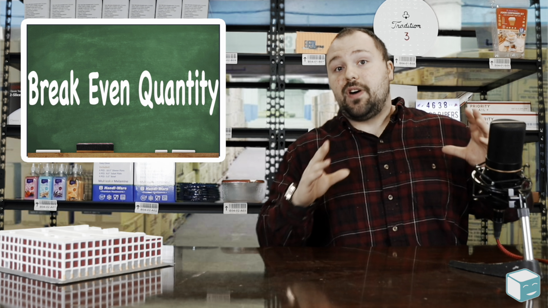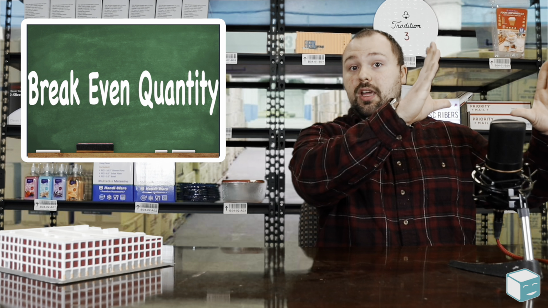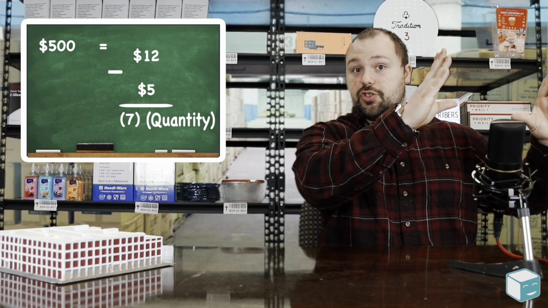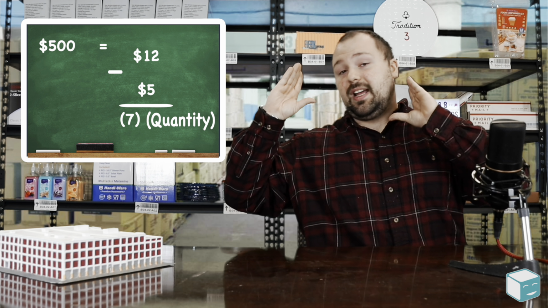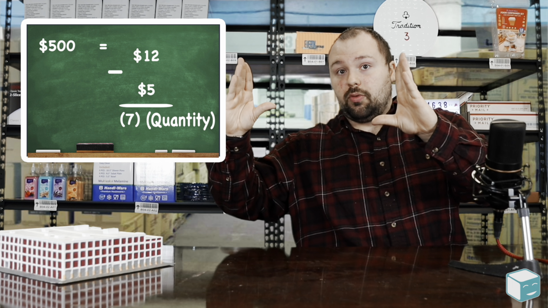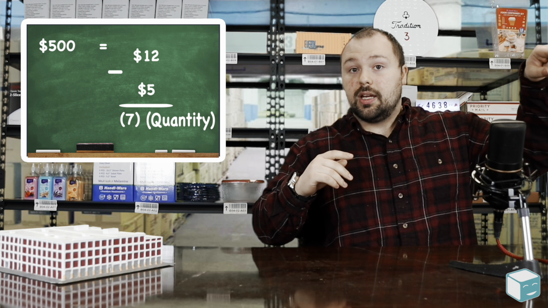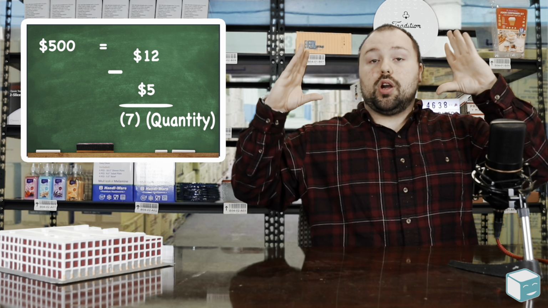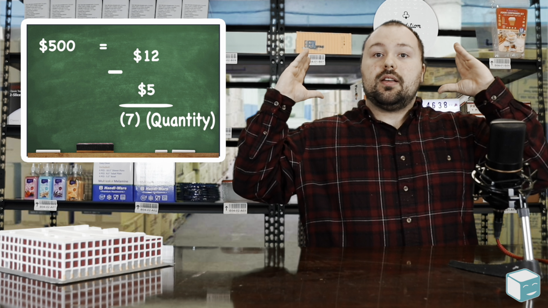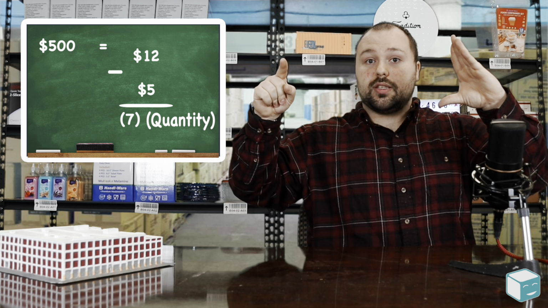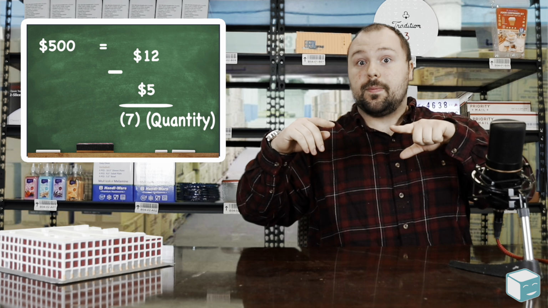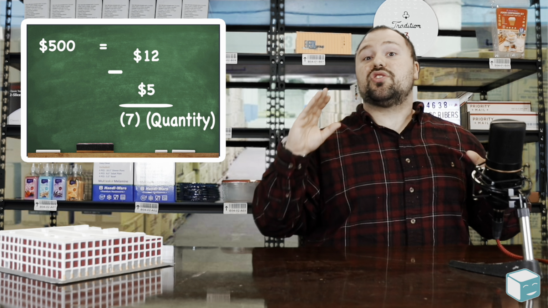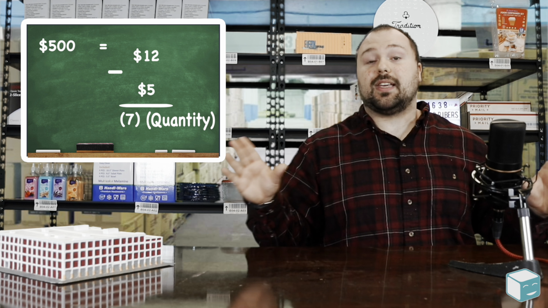So if I know I make $500 under my current operating procedure, I want to write the exact same formula, which would be 500 equals the selling price minus the cost, which would be 12 minus 5 now, times Q. And I want to solve for Q, some basic algebra.